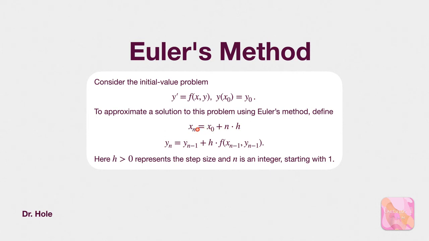And then successive x coordinates are just adding in one more copy of the step size. So coming up with x coordinates is rather straightforward. You simply add in another copy of h.